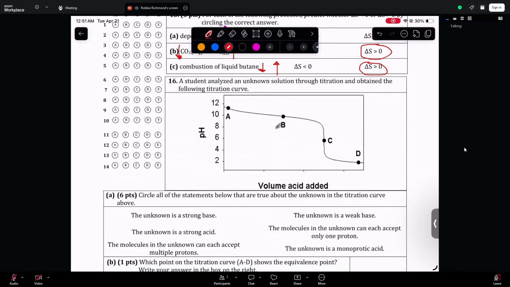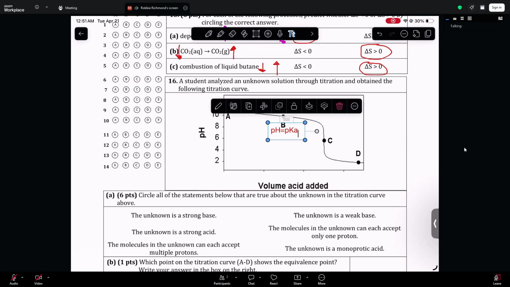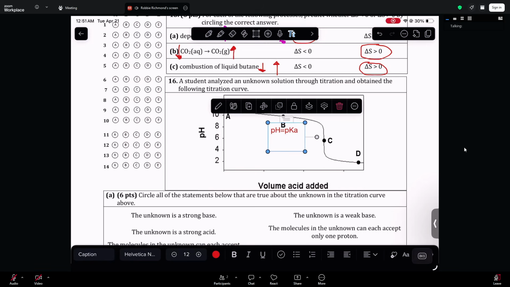Right here is the half equivalence point, and if you forgot what this is relevant for in weak acid, weak base type curves, this is where the pH will equal the pKa, as well as the acid and the conjugate will have equal values.